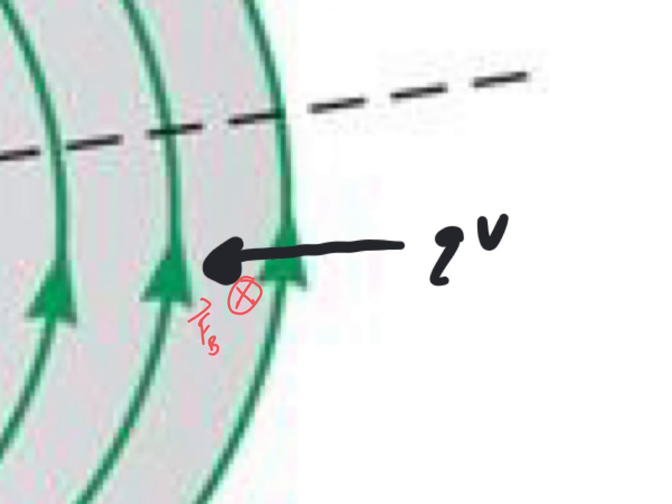What is that going to do? Well, that is going to push the charge into the board, and it's going to go around the back, back up the front, and across the top, and start to undergo circular motion.